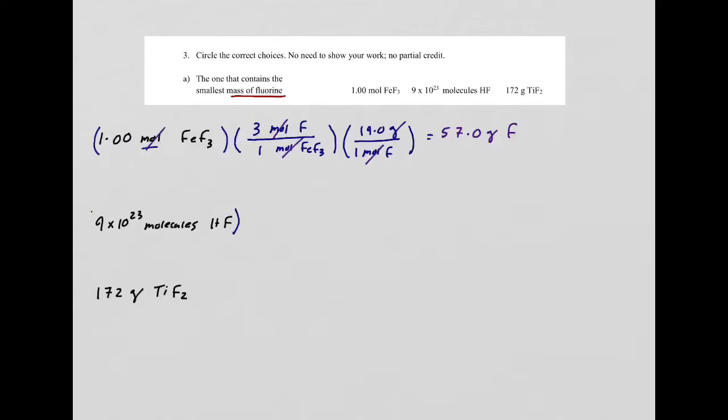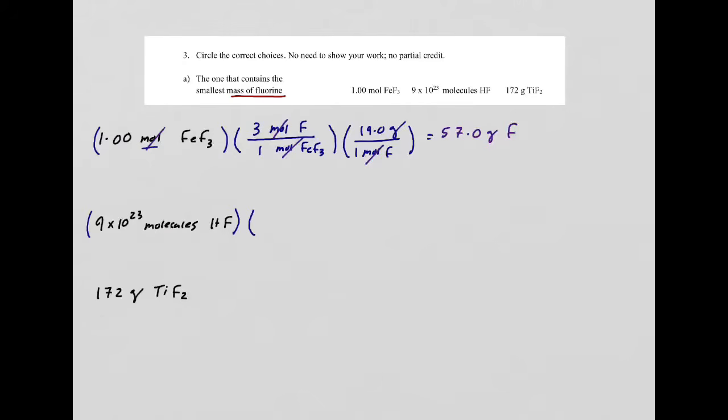All right, now the next one. The next one gives you the molecules of HF. Again, remember, they give you one thing, you want something else. What you are looking for is fluorine, but they give you the HF. What do we have to do? Yeah, mole ratio. Every time you have one thing but you want something else, mole ratio is what you need to do. Except I don't have moles right now.